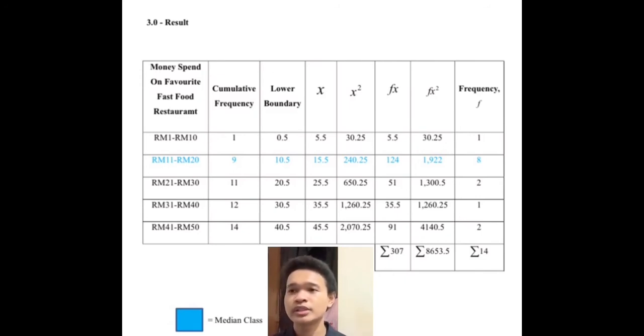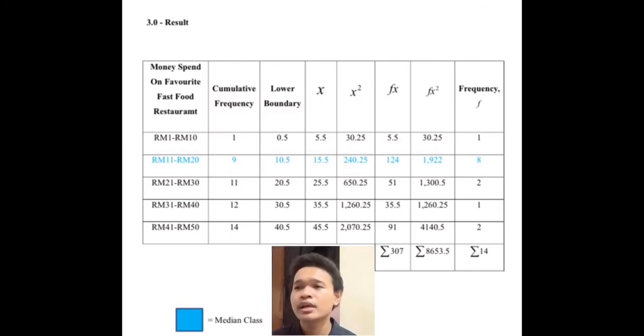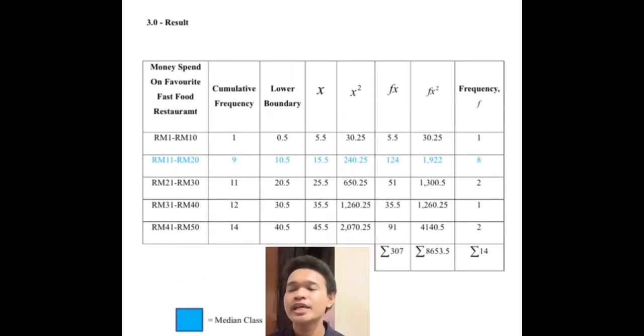The range of the class limit is 21 until 30, so we just add them, then divide by 2 and we get X. Then for X square, we just square X and we get the answer. Okay, next we move to Fx.